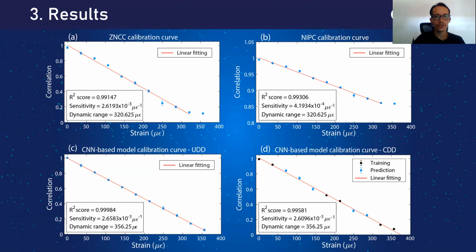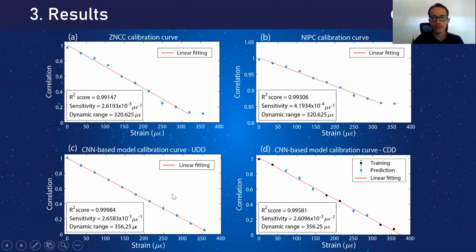Well, concerning the results, in graphs A and B, we have the curves generated by evaluating the frames using the ZNCC and the NIPC. The dataset of 50 by 50 pixels is used to obtain such results, where the first frame is taken as the reference. The graphs C and D contain the calibration curves obtained via the CNN model.